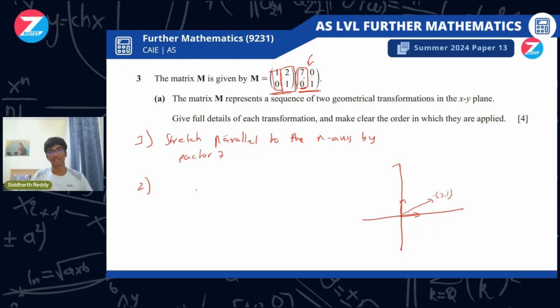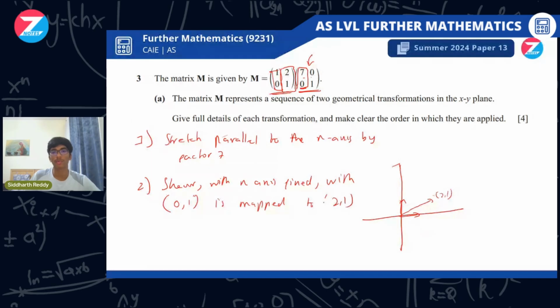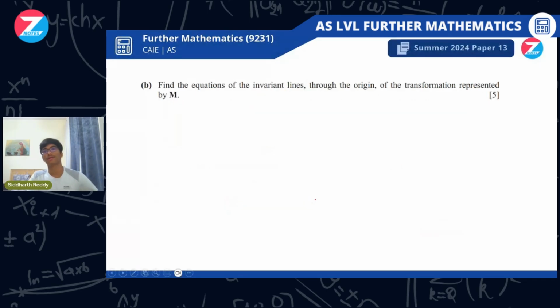This type of transformation, where the y-axis is kind of tilted, represents a shear. So this is a shear with the x-axis fixed, where 0, 1 is mapped to 2, 1.